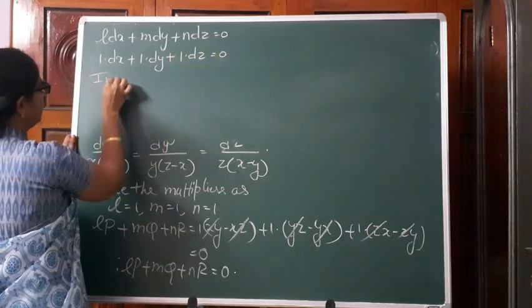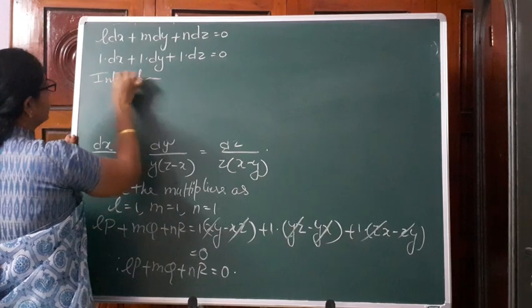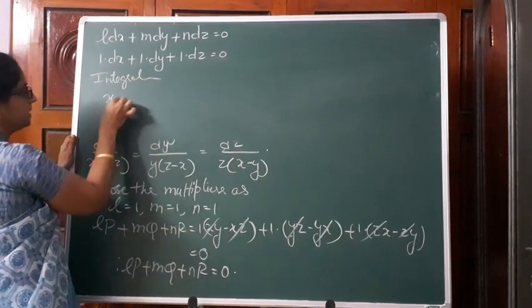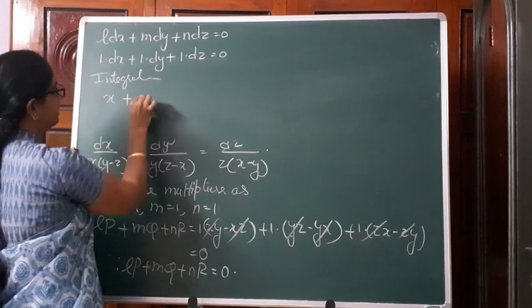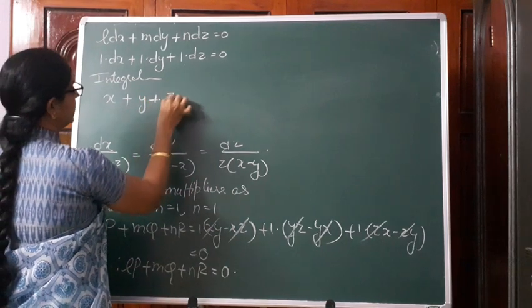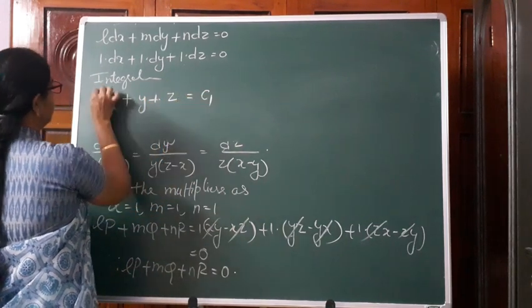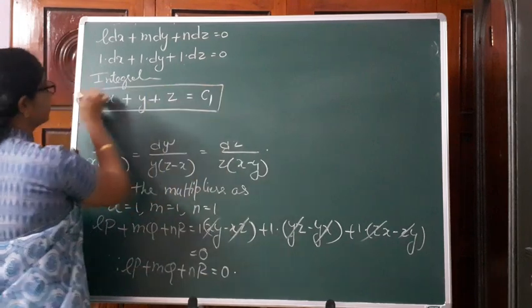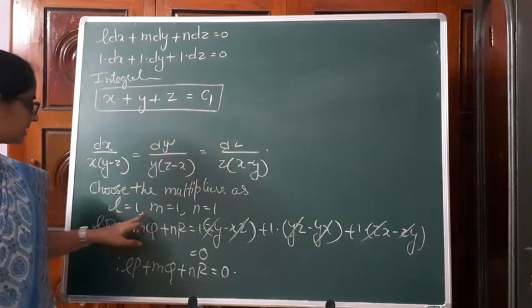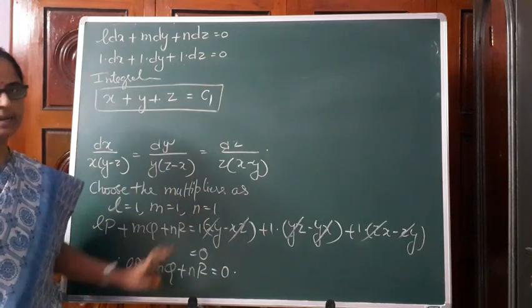Now we can directly integrate. Integrating both sides, we get integral of 1 dx is x, plus integral of 1 dy is y, plus integral of 1 dz is z, which is equal to C1. So this is the first solution we obtain by taking the multipliers L, M and N as 1.